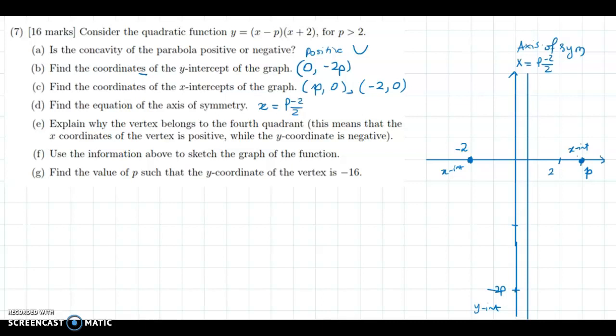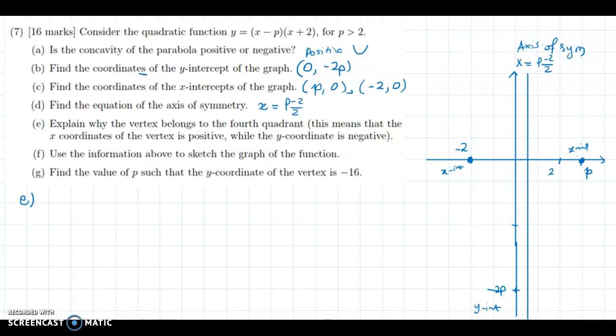We want now to explain why the vertex of the parabola belongs to the fourth quadrant. I mean, we could find the coordinates of the vertex and show that the x-coordinate is positive and the y-coordinate is negative. I'm just going to try to explain this with the information we have so far.